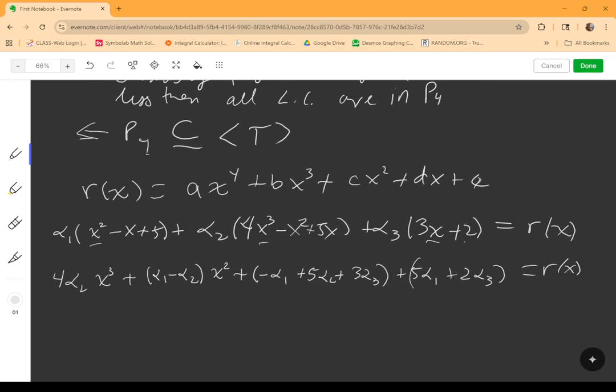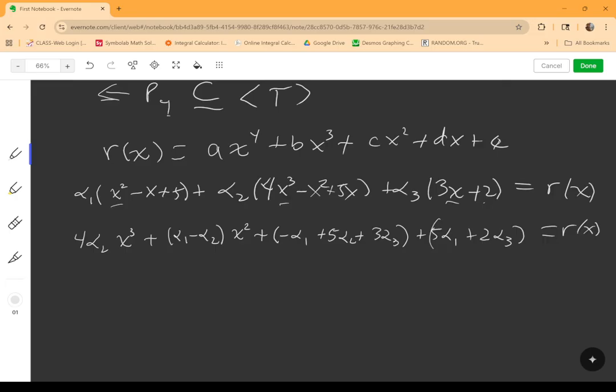Then here I can set up the system by setting equal the coefficients in R with the coefficients of my linear combination.